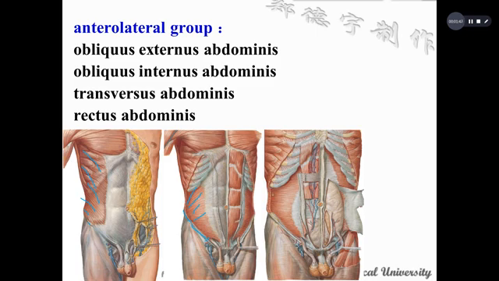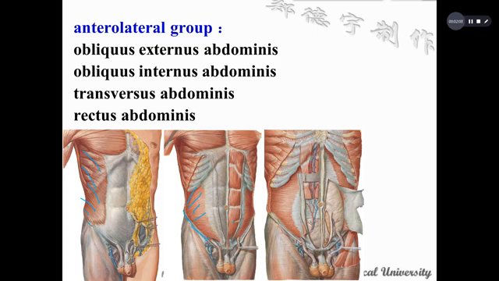Its fibers run forward, and gradually these three muscles form aponeuroses. These aponeuroses join each other to form the sheath of the rectus abdominis. And then this one, the rectus abdominis.